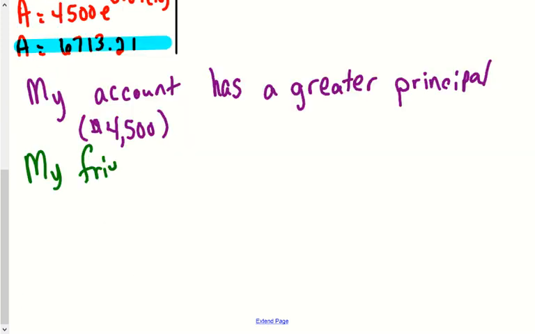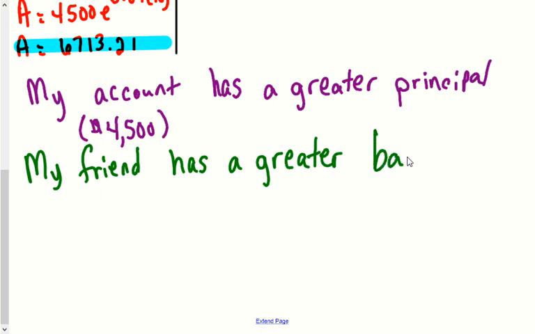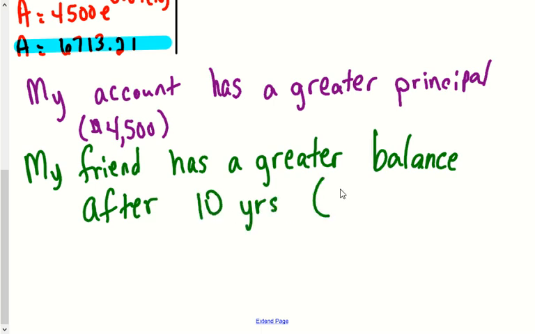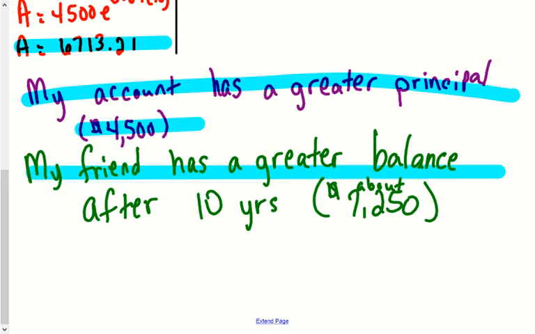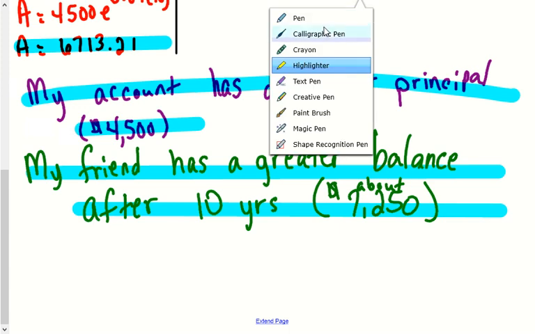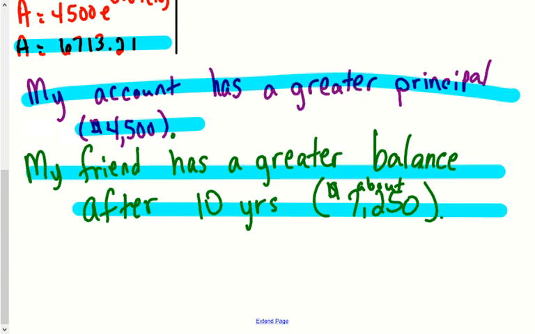My friend has a greater balance after 10 years. And we're going to write down what their balance was, and that's going to be the approximately 7,250. So we're going to put about on top of that because we estimated. And those are your two final answers. Make sure that you write those as a sentence so that we can tell which one you're saying is greater. And make sure you put a period at the end of your sentence.